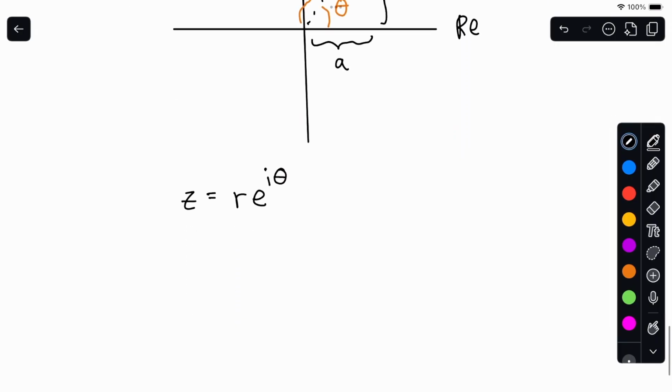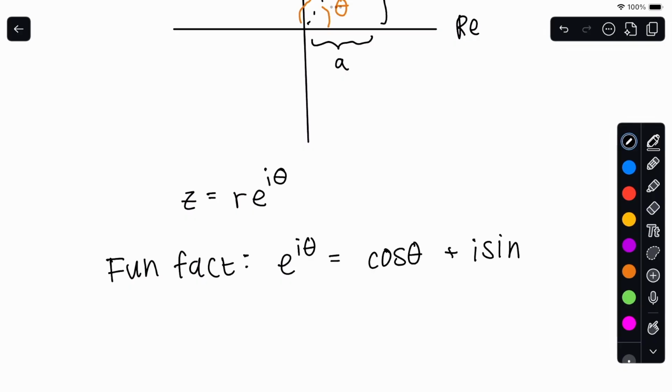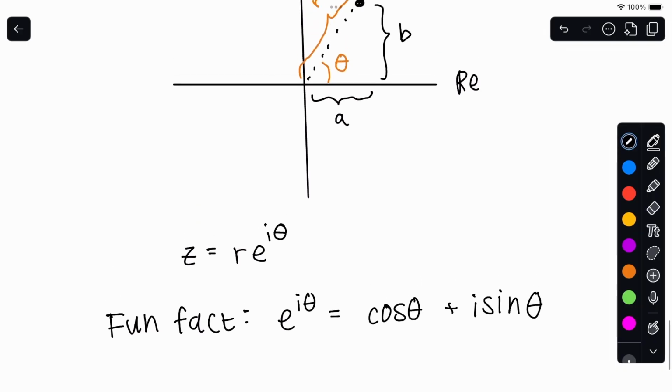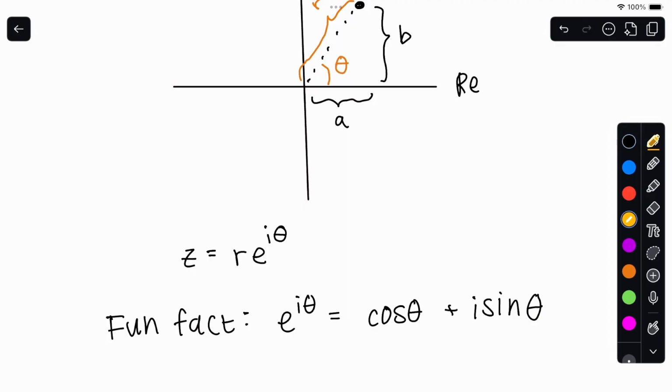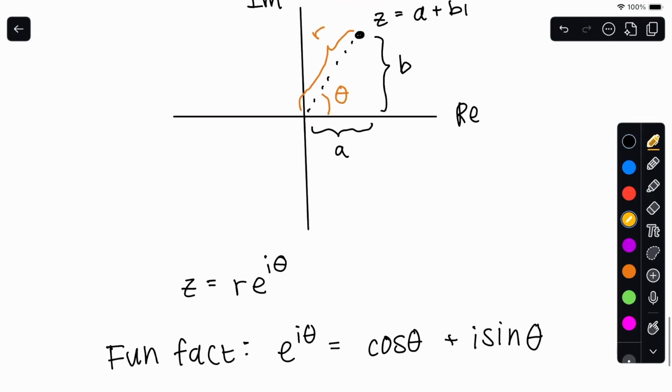And actually, a fun fact, which is also incredibly useful, is that e to the i theta is equal to cosine theta plus i sine theta. So now with that fun fact, we can more easily see the part from before, because now this length is going to be r cosine theta, and this length is going to be r sine theta, and we have that z equals r times cosine theta plus i sine theta.